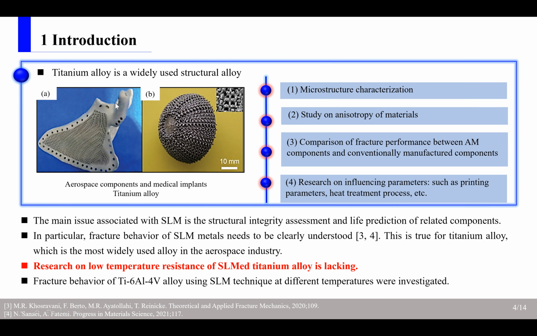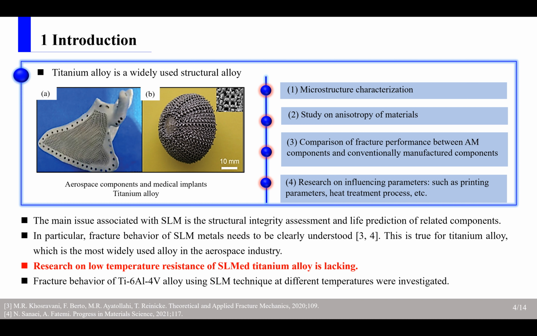Titanium alloy is a widely used structural alloy. The current research on AM titanium alloy mainly focuses on the following aspects. The main issue associated with SLM is the structural integrity assessment and the life prediction of related components. In particular, the fracture behavior of SLM metals needs to be clearly understood.